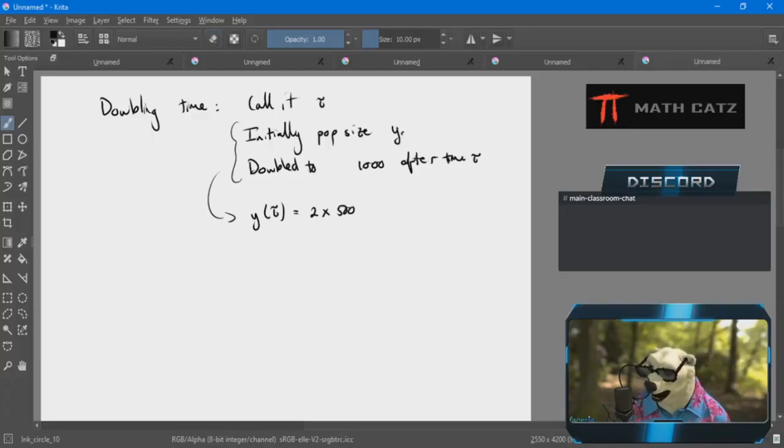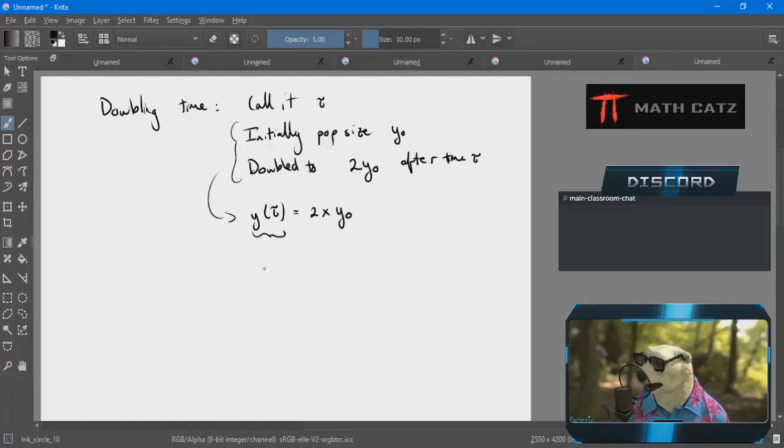If I make that y0, any initial population size, then I have to change these guys as well. It doubled to 2 times y0.